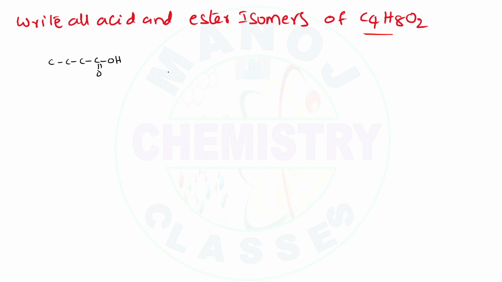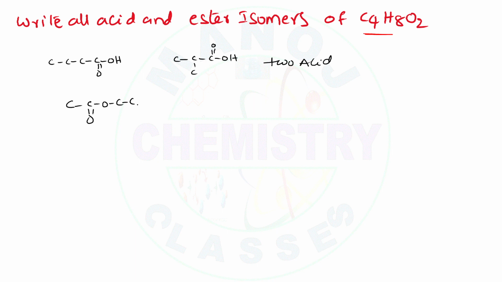We can write one more acid of this formula, with a branched chain and COOH. We can't write one more acid, so we have only two acid isomers. Whereas for the ester, we may write some ester isomers like this: CH3COOCH2CH3.